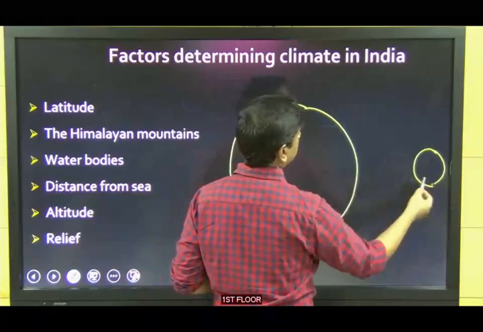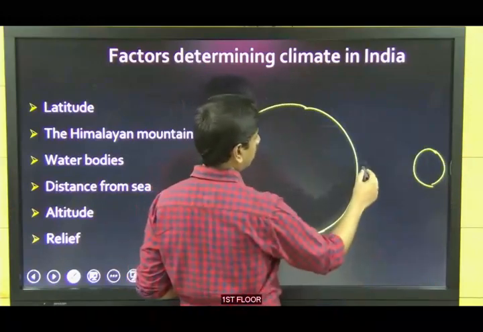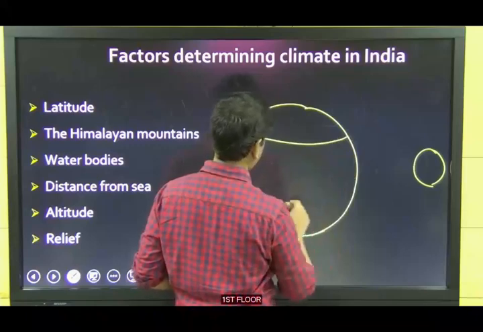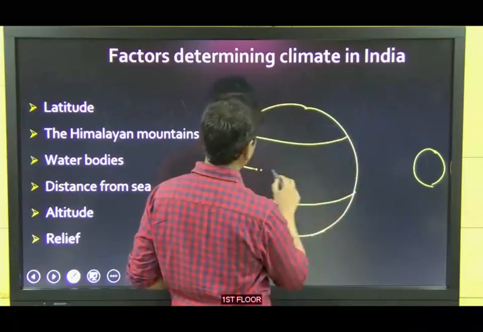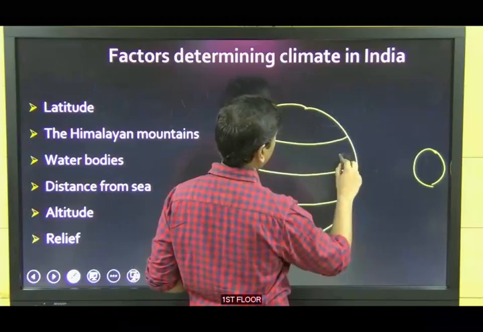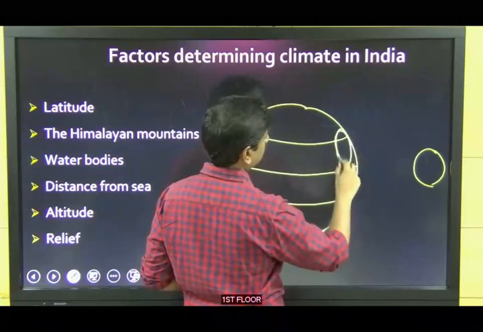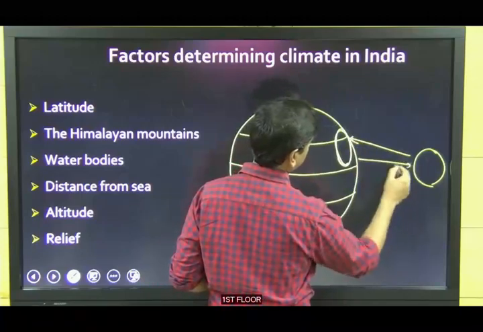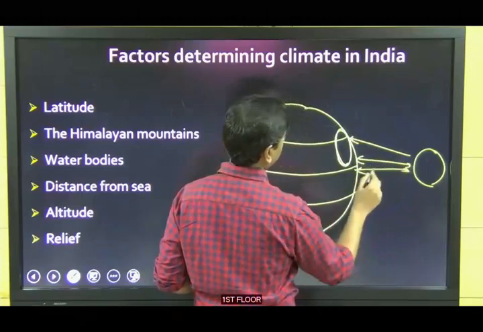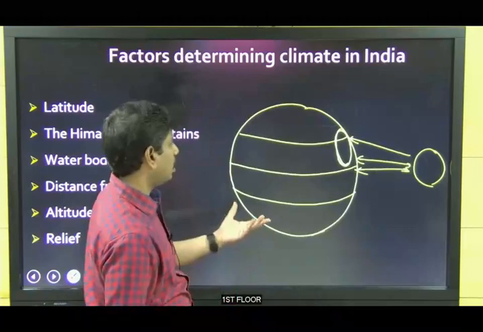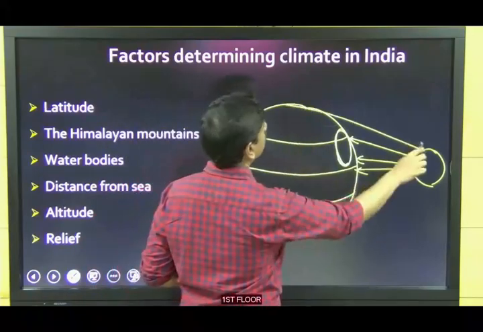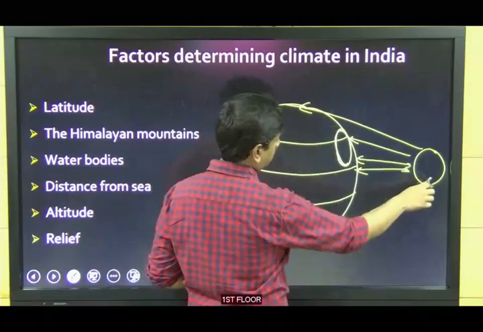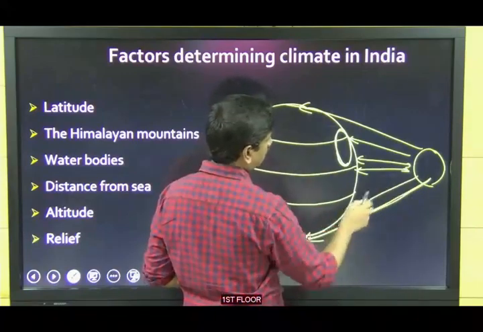if sun is like this, I am representing, say I am drawing like this. Okay, this is Tropic of Cancer and Tropic of Capricorn. India is mostly located here, this place. Okay, because of that, it depends. Like towards polar, the weather and the climate become cold and moderate.